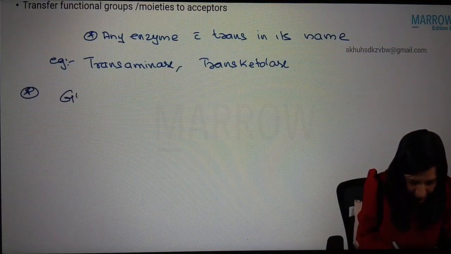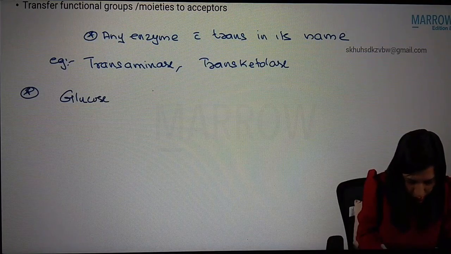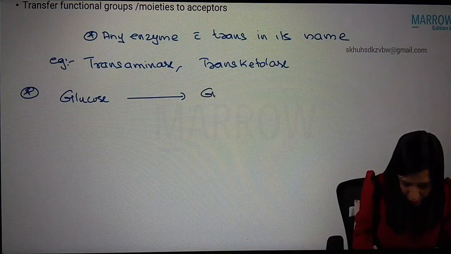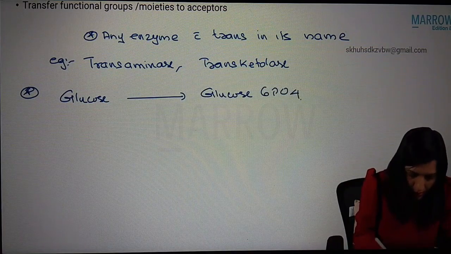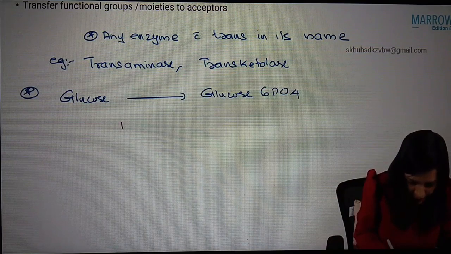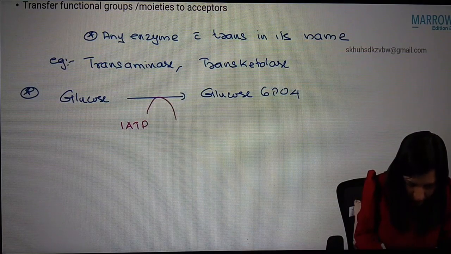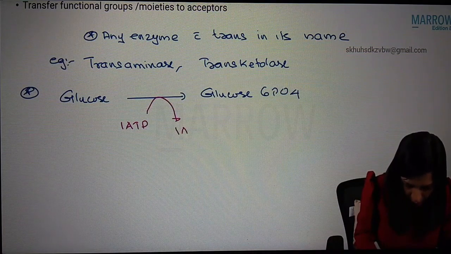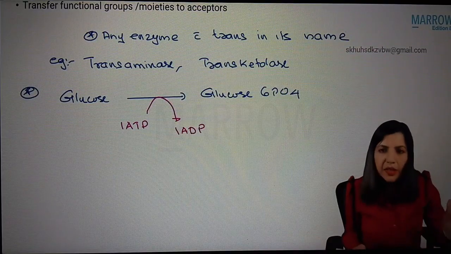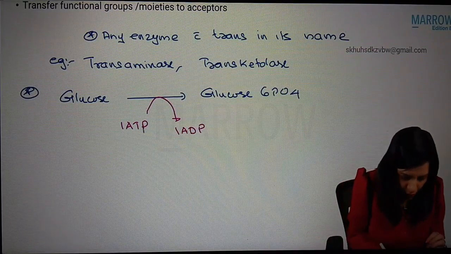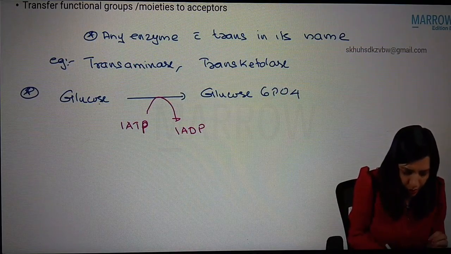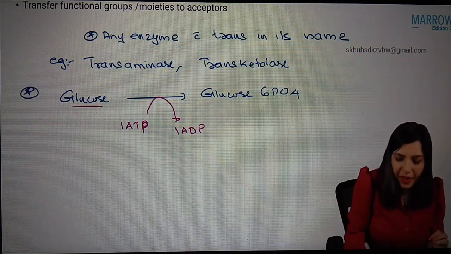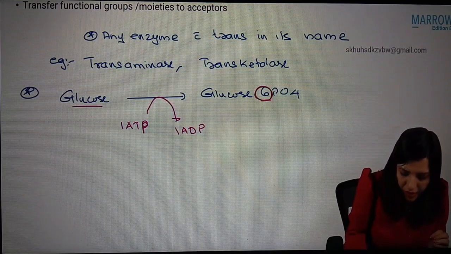The second example: I am writing the reaction. Glucose is converted to glucose 6-phosphate. In this reaction, 1 ATP is converted to 1 ADP. What happens is a phosphate is transferred from this ATP to the glucose, so that the 6 stands for the sixth position.